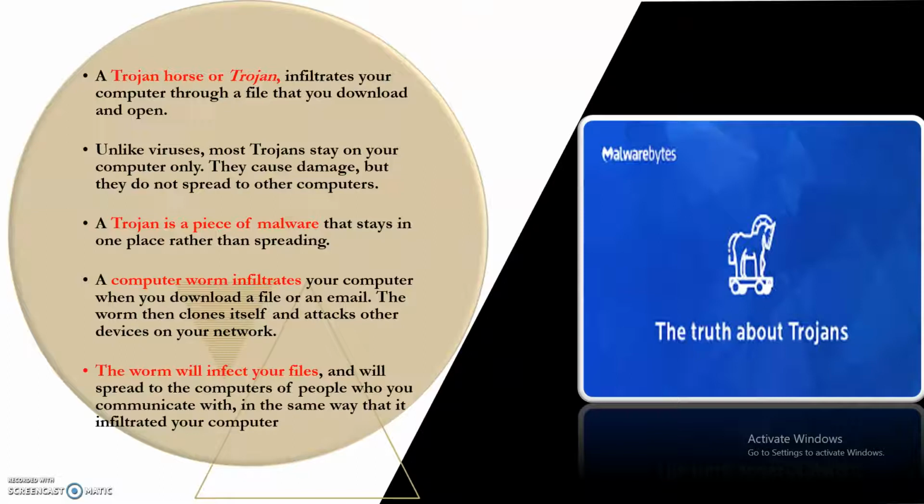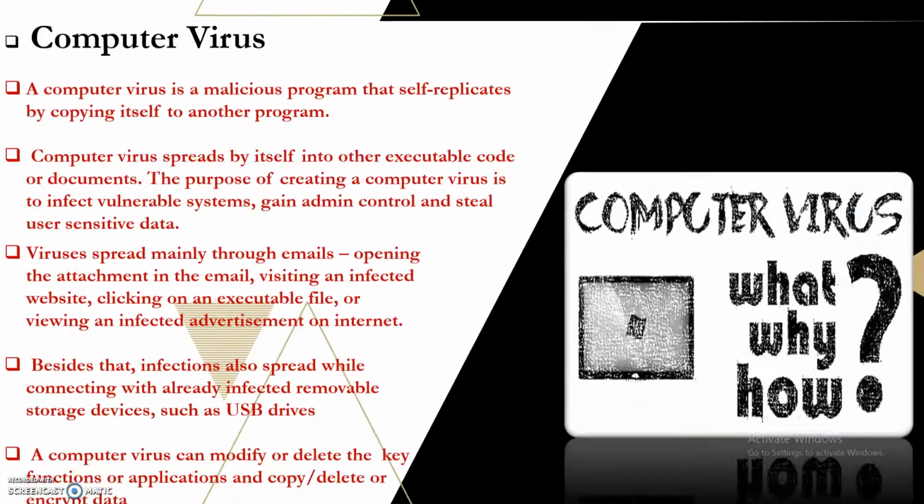Coming back, we see that Trojans cause damage, but they do not spread to other computers. A Trojan is a piece of malware, and a computer worm infiltrates your computer when you download a file or an email. The worm will infect your files and will spread to the computers of people whom you communicate with, in the same way that it was infiltrated.